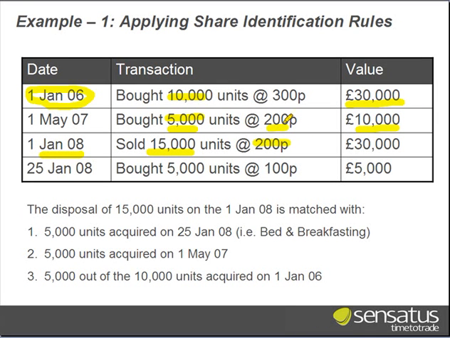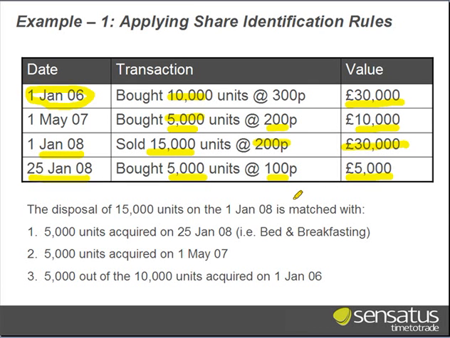So in theory they made a loss at that point in time, and the disposal proceeds was £30,000. However, on the 25th of April we should say that the person decided to buy the units back. So they bought in this example 5,000 units back at 100 pence, and they spent £5,000.